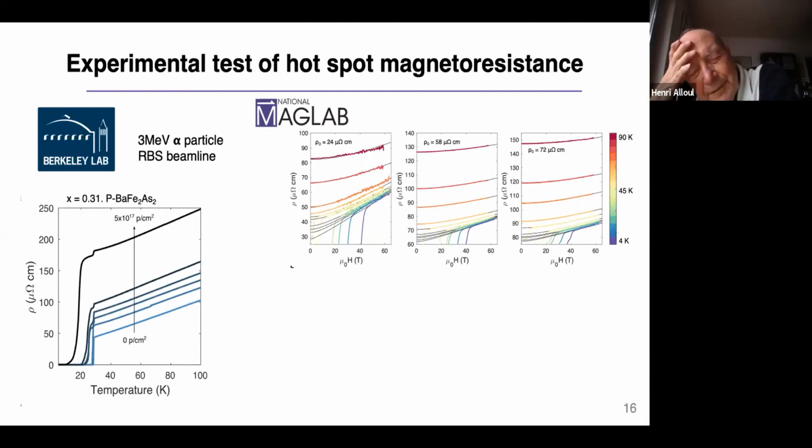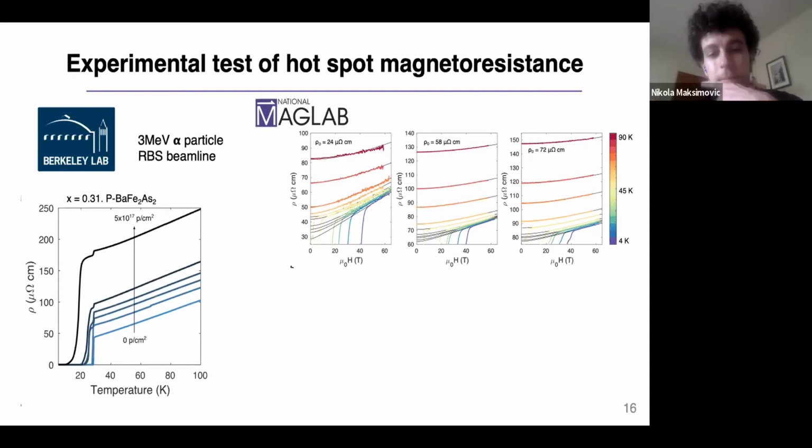But you also have other bands. So when you look at resistivity or magnetoresistance, you are adding the conductivities of the various bands. That makes it more difficult to analyze than single band models like the cuprates. What do you think about that?